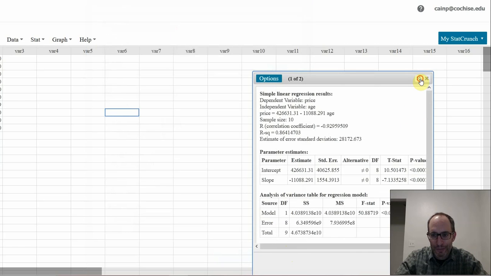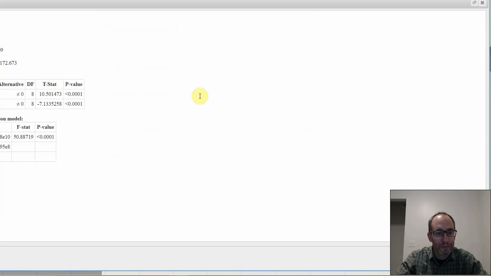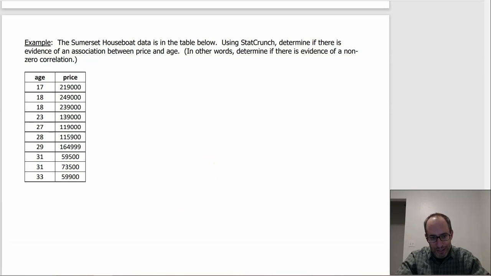And then there. We can see everything up in here, where I think it might be worth writing down the parts that we're going to need. I set it up where the dependent variable was price and the independent variable was age. We will need that very shortly, so it's worth pointing out now.